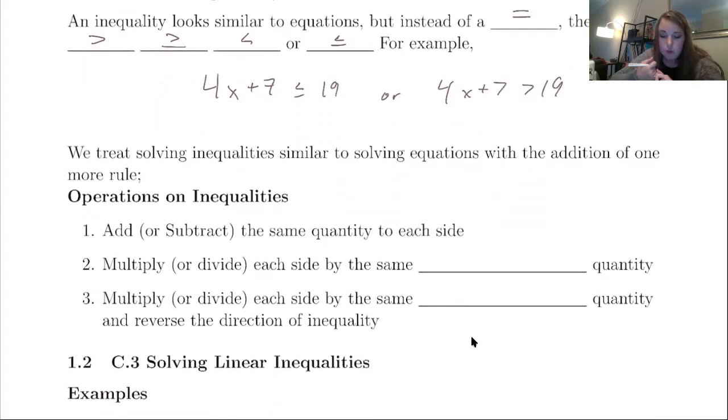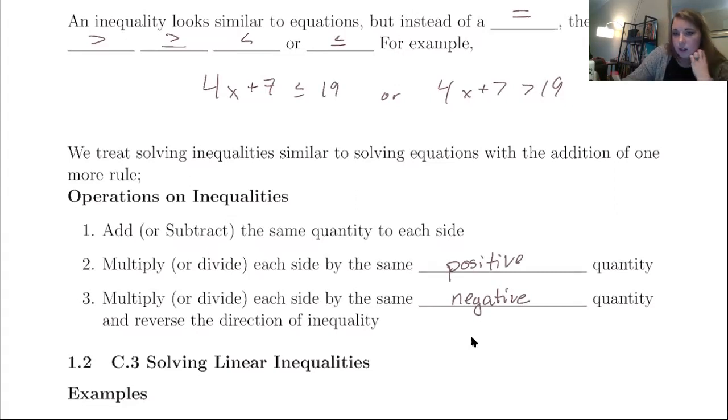So we know we can add or subtract the same quantity to each side. I can multiply or divide each side by the same positive quantity. But if I want to multiply or divide each side by the same negative quantity, I would have to reverse the direction of the inequality.